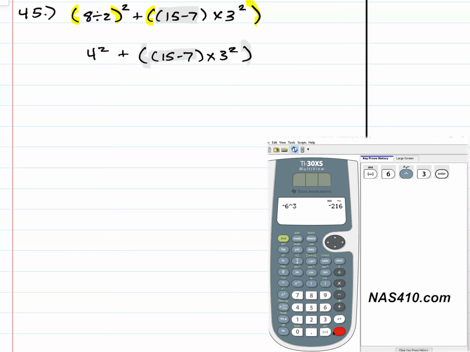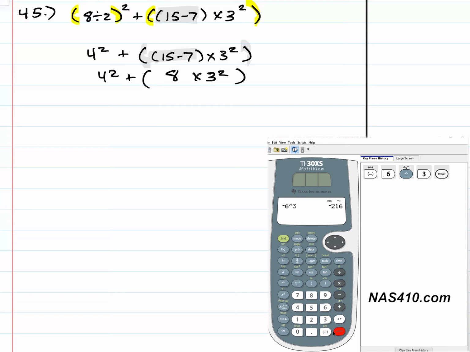Okay, so next I'm going to tackle these parentheses here, and I'm going to do this operation next. All right, and so I have 15 minus 7 equals 8 times 3 squared, and I'm going to drop all that down.